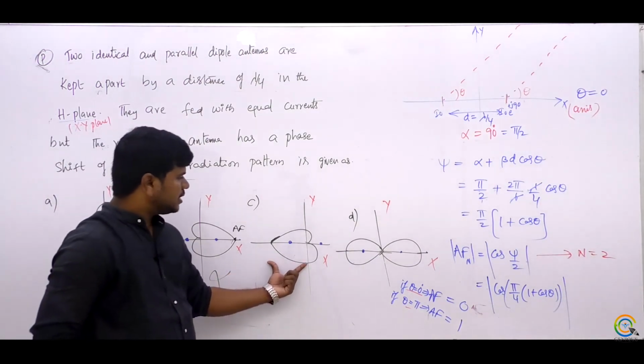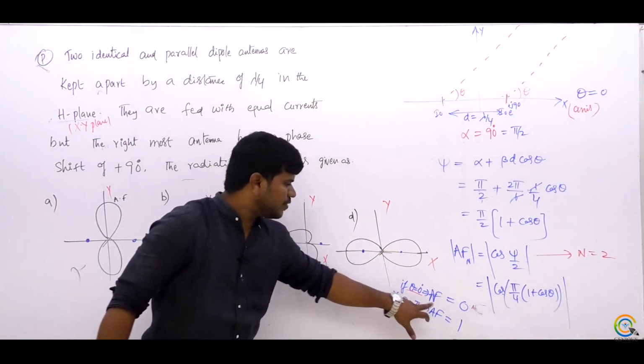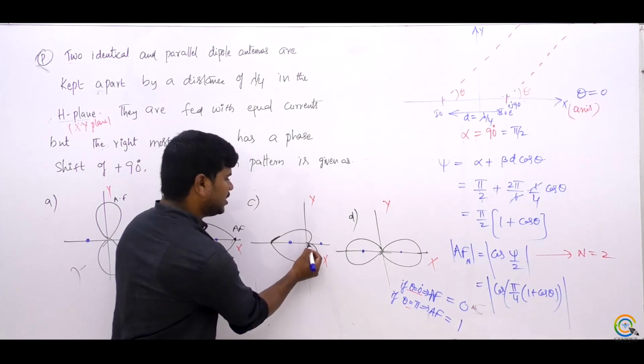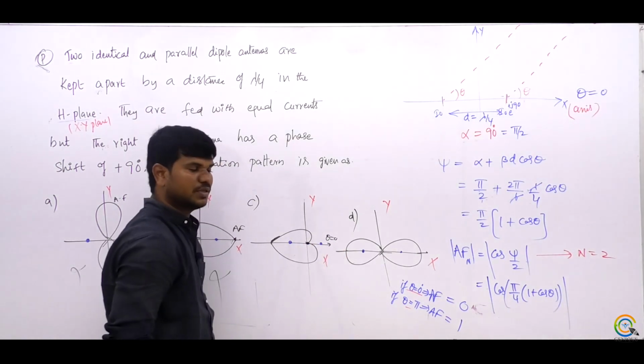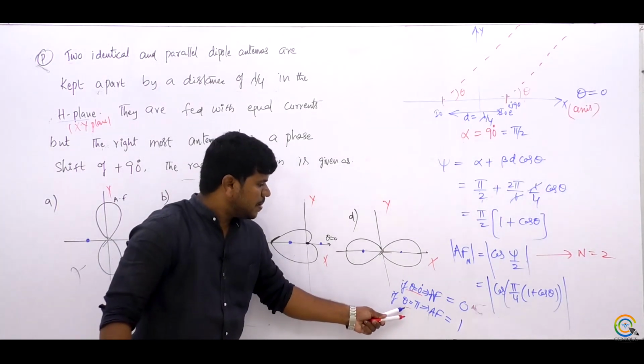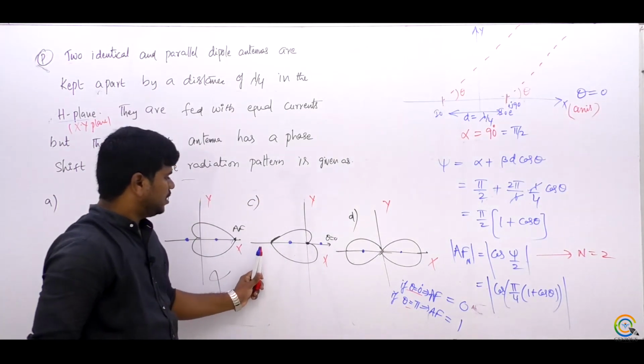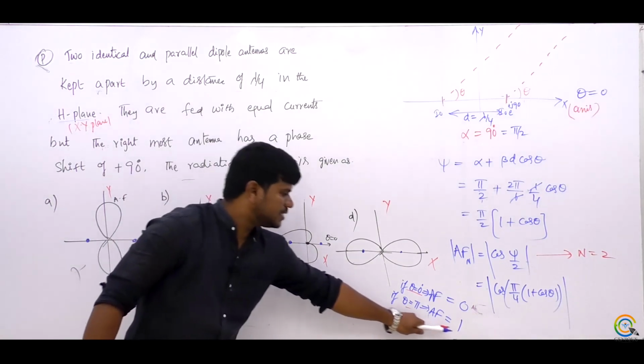But if you observe this, AF equals 0 in the theta direction, at theta equals 0 it is 0. At theta equals pi, in this direction, there is a non-zero value.